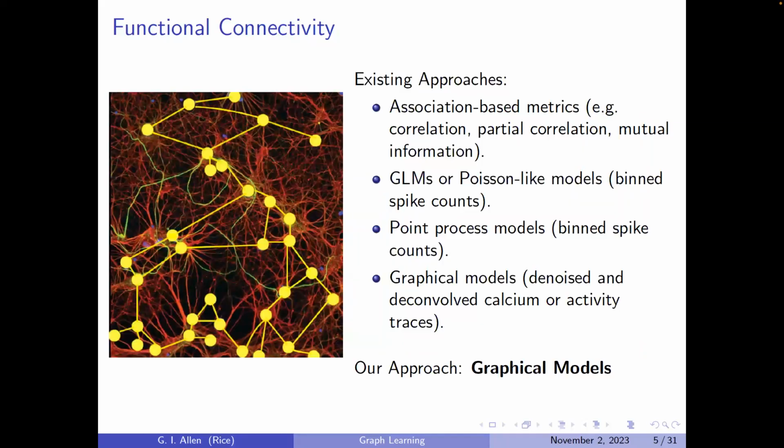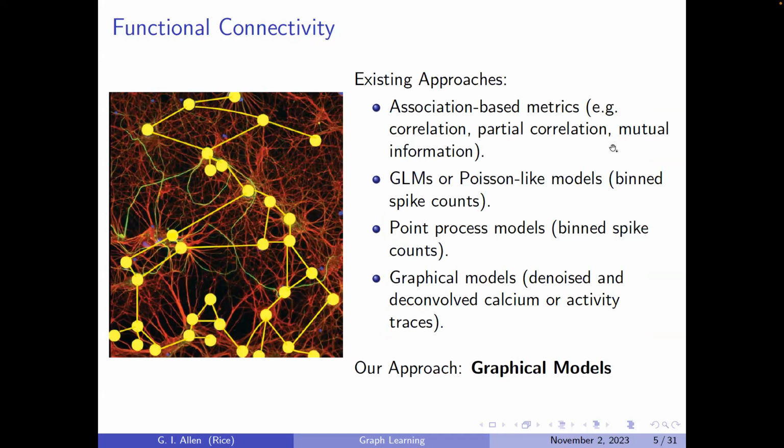There are a lot of existing approaches, including from the stat community. In neuroscience, I would say 90+% of papers use really simple metrics, and noise correlation is the most common. They adjust for the stimuli, and then just look at the correlation between two neurons and say they're functionally connected if the correlation is high.